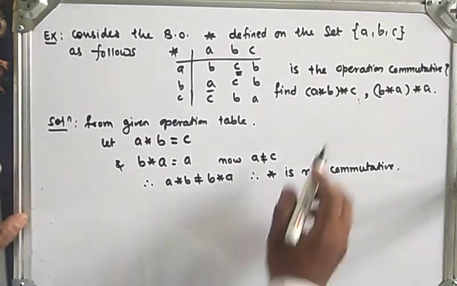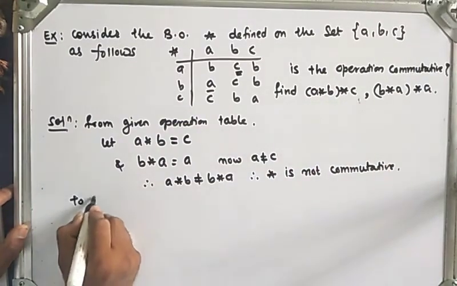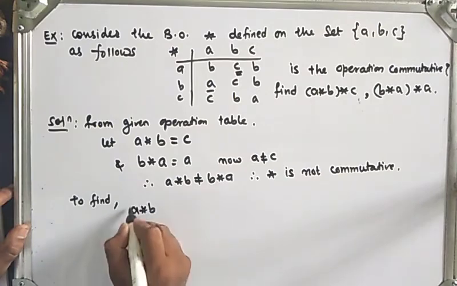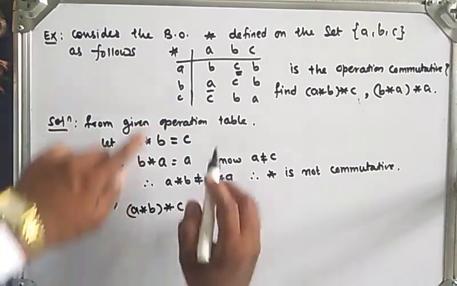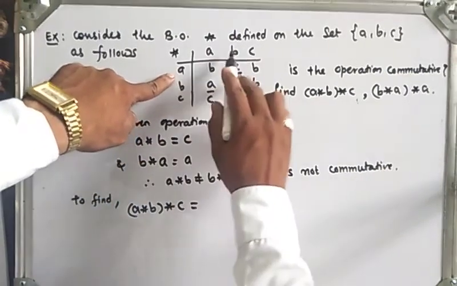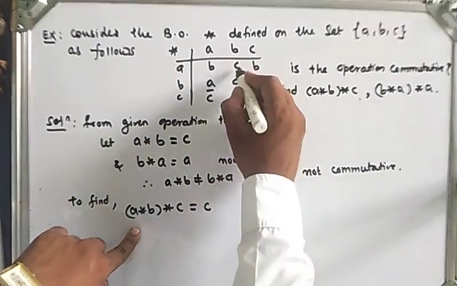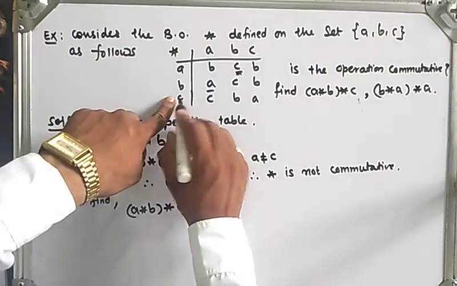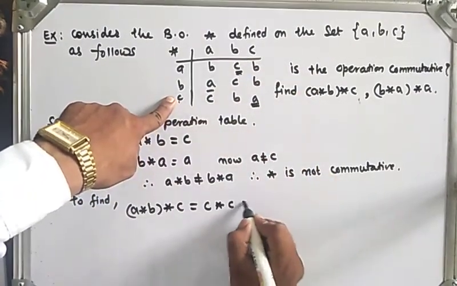Now next, to find the value of a star b star c. So (a star b) star c is equal to, so a star b, so a and here is b, a star b has value c, so c star c. Now c star c, so this is c and here is again c, c star c has value a.